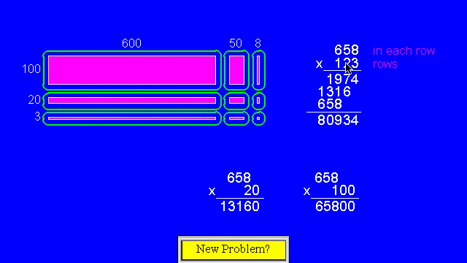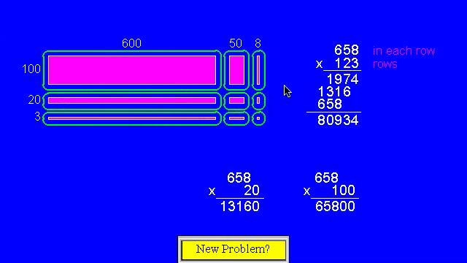Next we would go to the 20 rows. 20 rows of 8 each, so these are tens times ones, so this is 16 tens. So we indent to show that it's 6 tens, and 1 ten carries over to 100. So that would be 20 rows of 8 each are those.